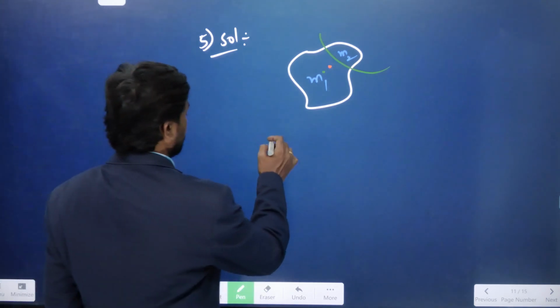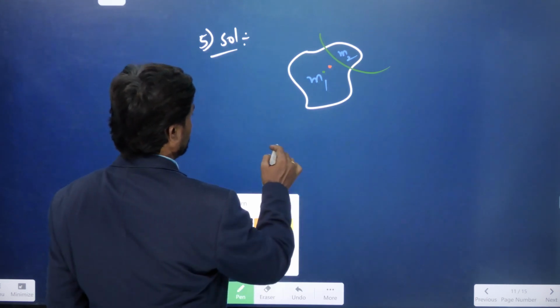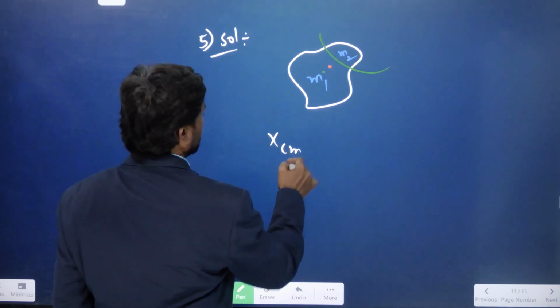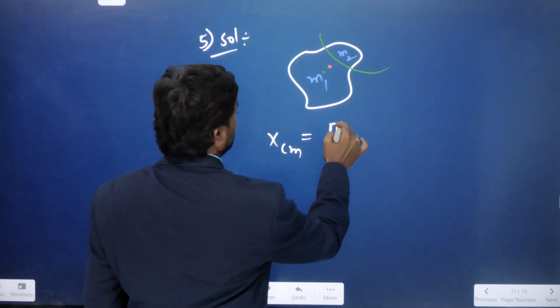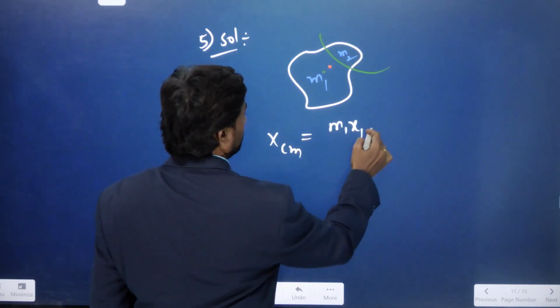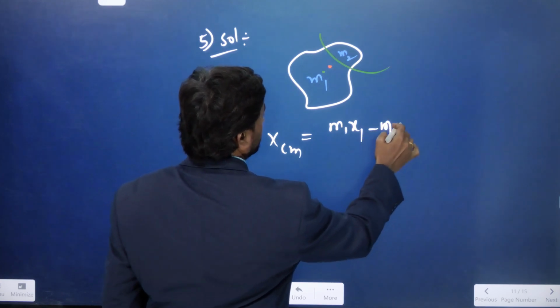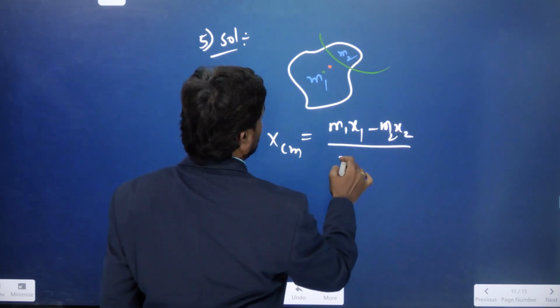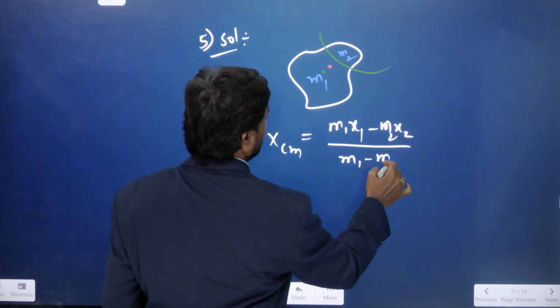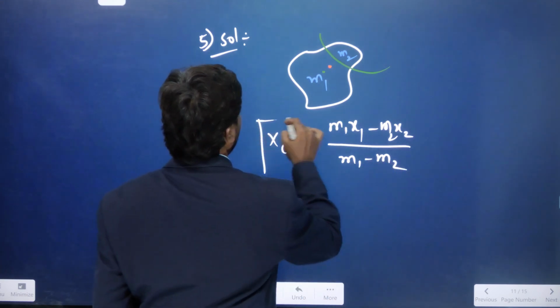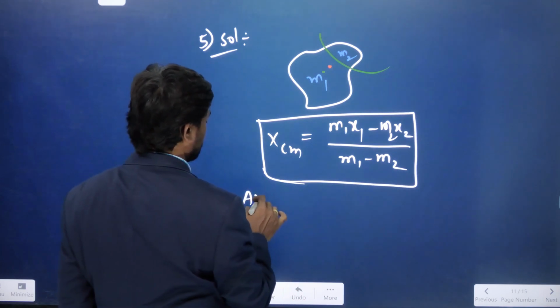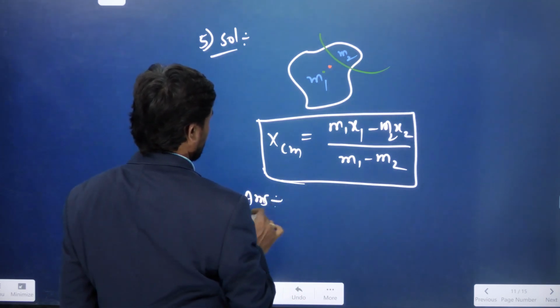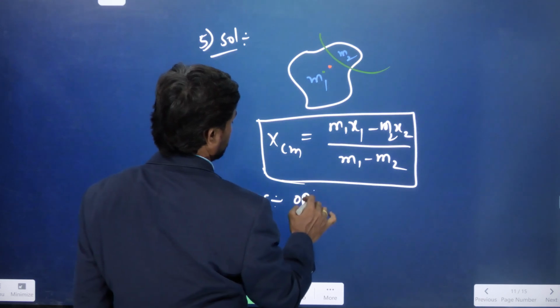So the formula for the center of mass, XCM, is equal to m1x1 minus m2x2 divided by m1 minus m2. This we have seen, it is a direct formula. So the correct answer is option 2.